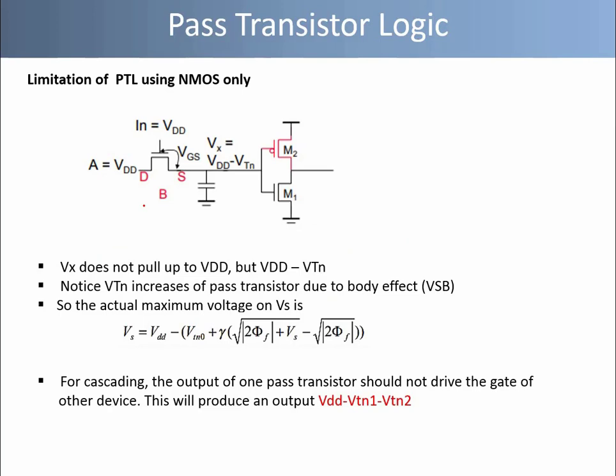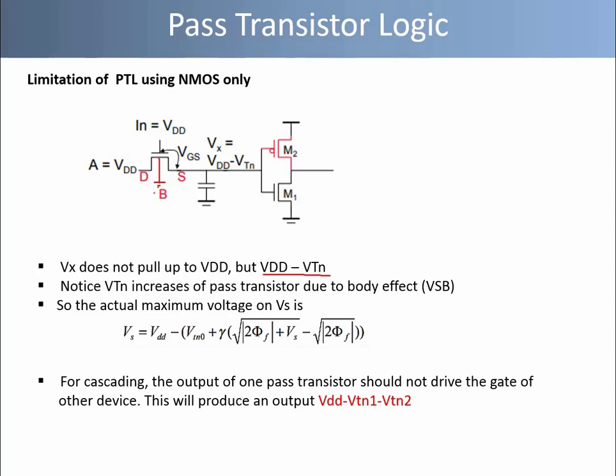So here we have depicted another scenario as from the previous discussion, that Vx, the voltage at the output node, is not fully pulled up to VDD, but the maximum level reached is VDD minus VTN. Another important effect is that if the body terminal is connected to the ground, then this transistor also suffers from body effect, because as the source terminal charges up, we have a positive voltage between source and body.